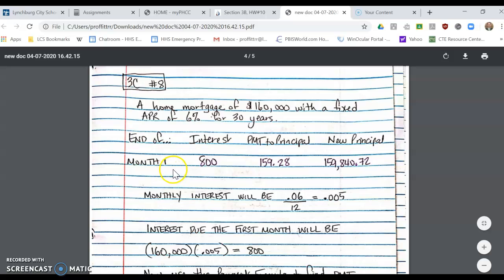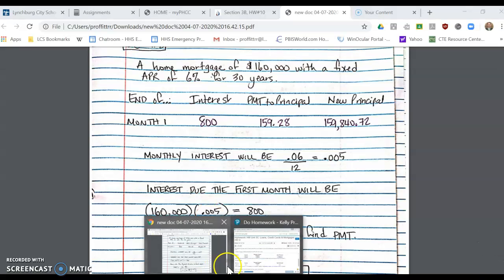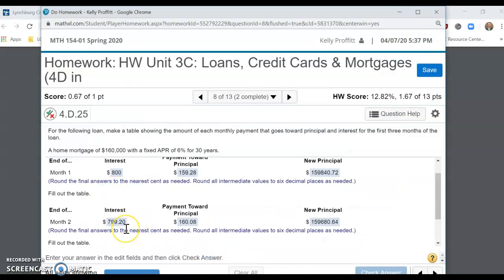The monthly interest will be, instead of putting $160,000, I'll put the new principal right here, the $159,840.72. I'll multiply that times 0.005, and when I multiply that, I will get $799.20. That's where that came from.